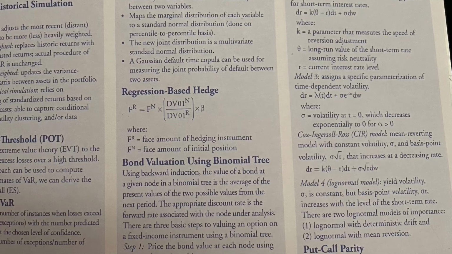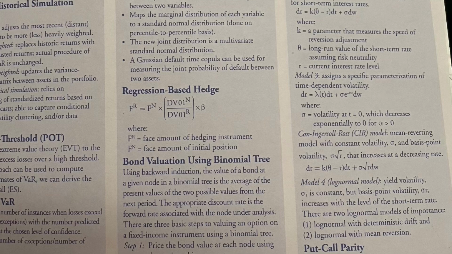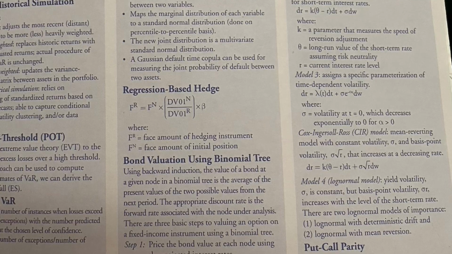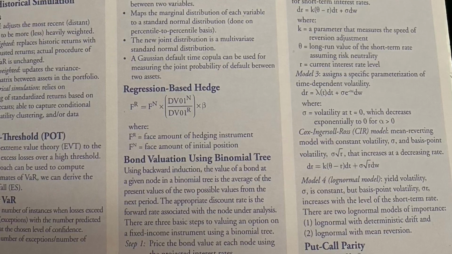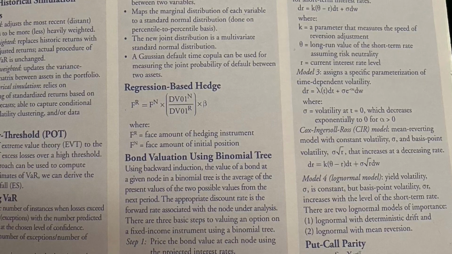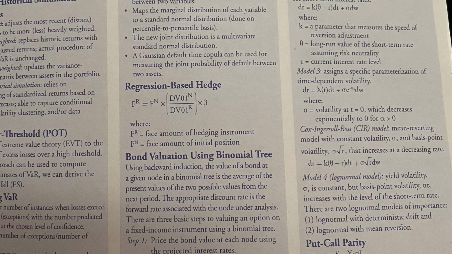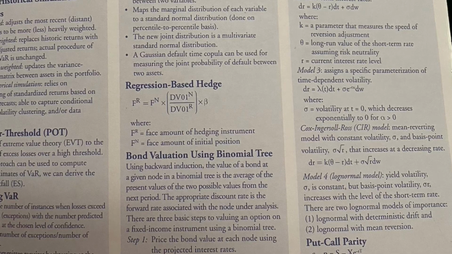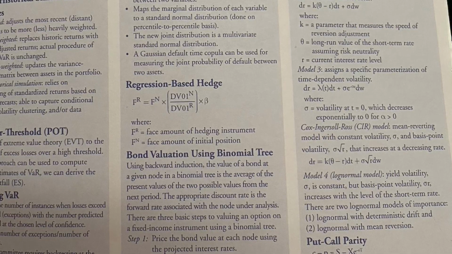R2, the spot rate for 2 years, is the square root of (1 plus R1)(1 plus R2), minus 1, and R3 for 3 years is the cube root of (1 plus R1)(1 plus R2)(1 plus R3), minus 1.